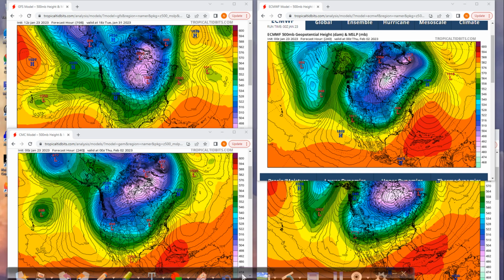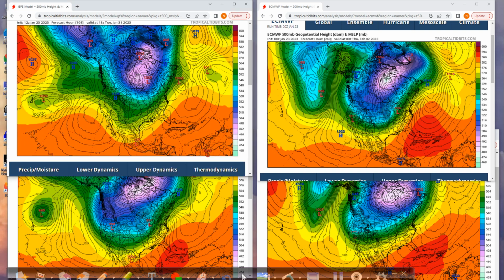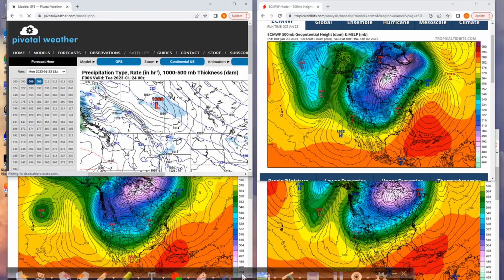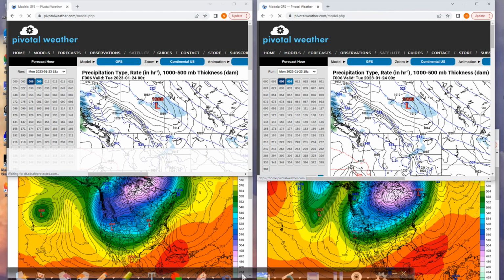So this is why we have to keep watching the models for all these little details. But we're starting to get a little clearer idea for Friday through Sunday morning, with a chance of rain Friday and chance of snow early Saturday. So let's look to see what these models actually do in terms of precipitation.